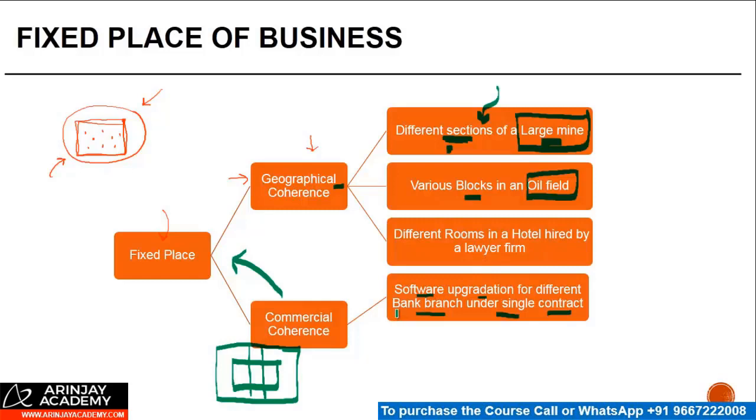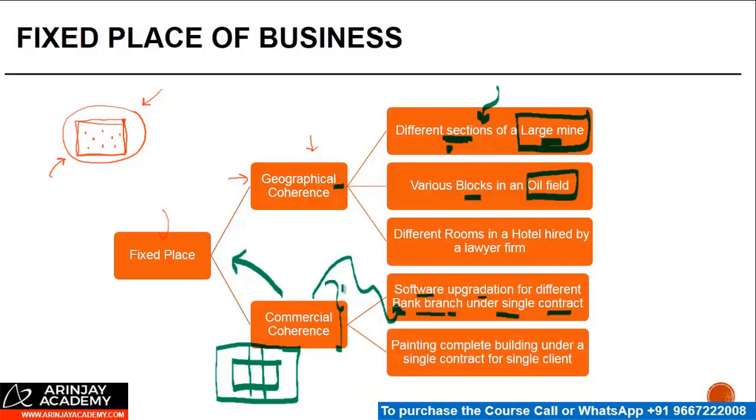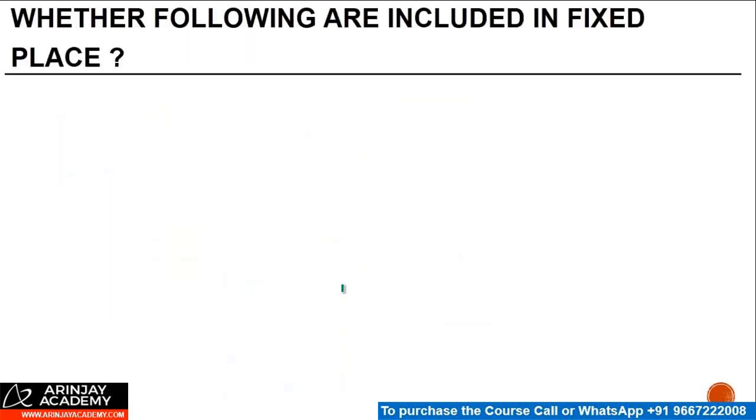Now you may come back and say that we are working at different branches, there's no fixed place of business. But because commercially it's one contract, all the branches taken together will constitute a fixed place of business. Painting a complete building under a single contract for a single client, that building would constitute a fixed place of business.